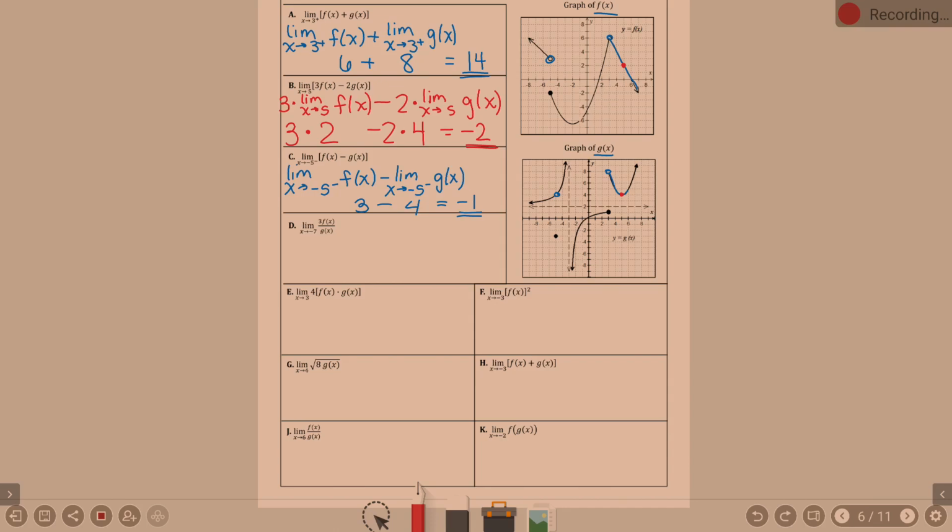So I'm going to write this as on top, 3 times the limit as x approaches -7 of f of x divided by the limit as x approaches -7 of g of x. So, 3 times something divided by something. 3 times 5.